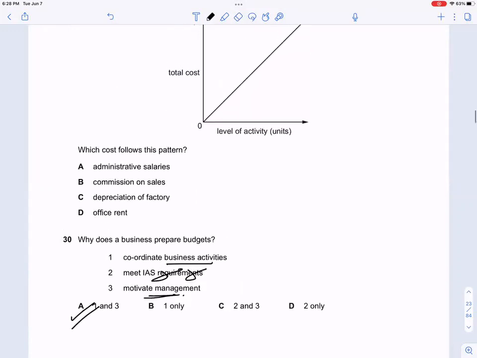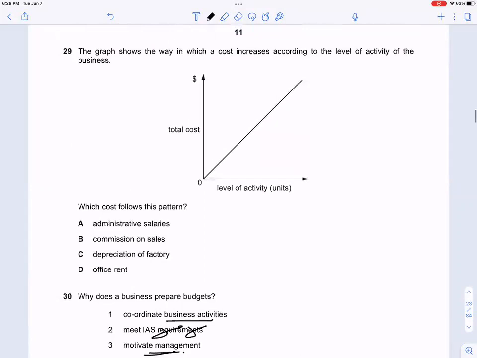Which cost follows this pattern? If you see over here, as the level of activity is increasing, the total cost is increasing. Administrator salary is a fixed cost, so it cannot have this pattern.